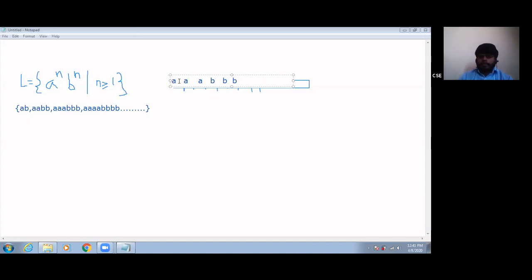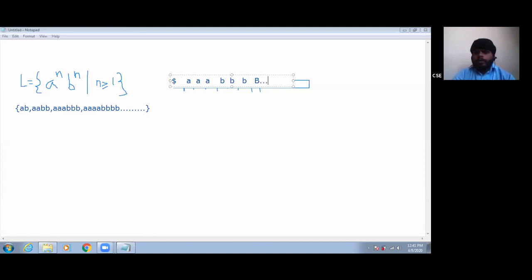I will always try to take this initially. We need to know that dollar is a symbol telling that it is the start of the string. So here A, and B, and this B, and all the remaining empty spaces, because it is an infinite tape, normally have a blank.